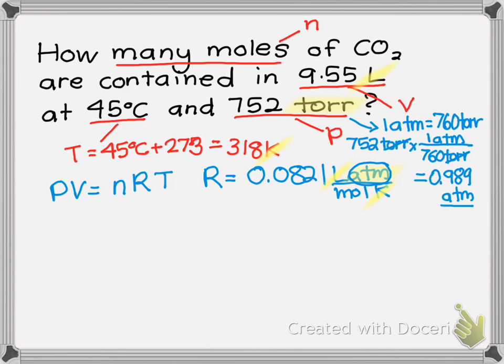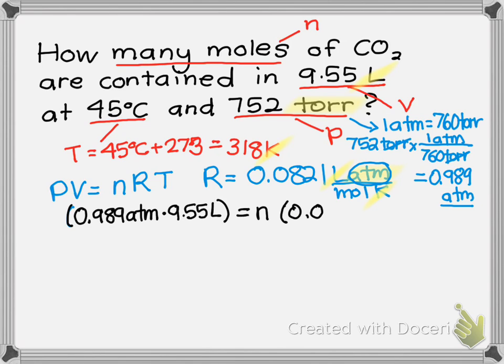Okay, so pressure times volume. I'm going to change to a black pen. So 0.989 atmospheres times the volume, 9.55 liters, equals n, and I don't know n yet. That's what I'm solving for.